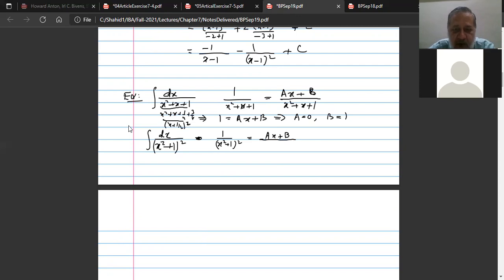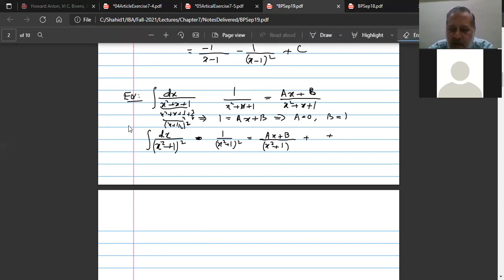Okay, repeated quadratic factor. So you will have x squared plus 1, Ax, not ax, Cx plus b over x square plus 1 whole square.